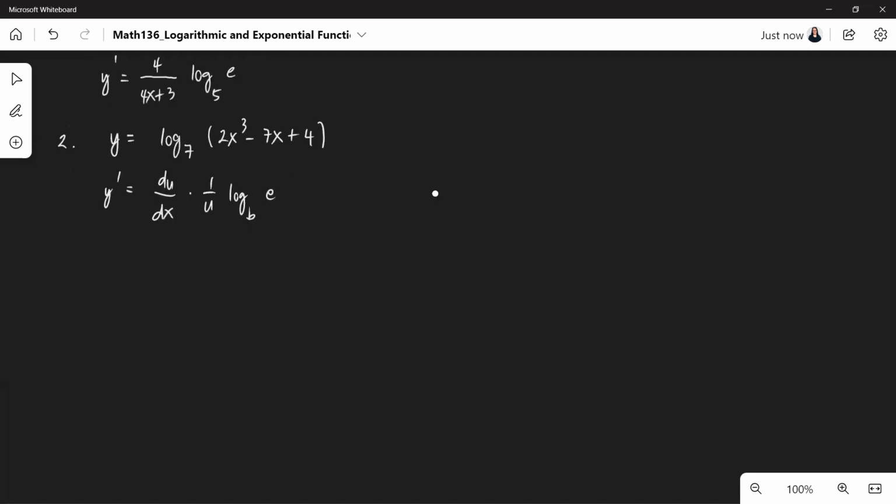Okay, so b is 7 and u is 2x cubed minus 7x plus 4. So the derivative of 2x cubed minus 7x plus 4 is 6x squared minus 7, right? And then multiply it with 1 over u. So 1 over 2x cubed minus 7x plus 4, and then multiply it with the log of e to the base b. It's always log of e to the base b, so b is 7.